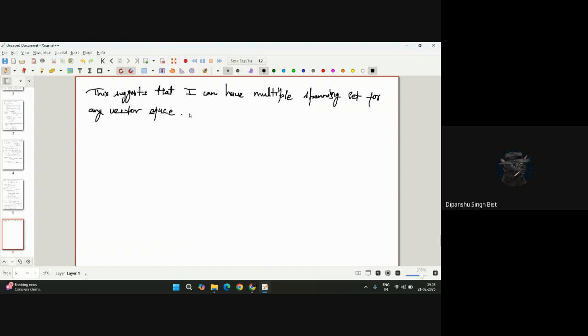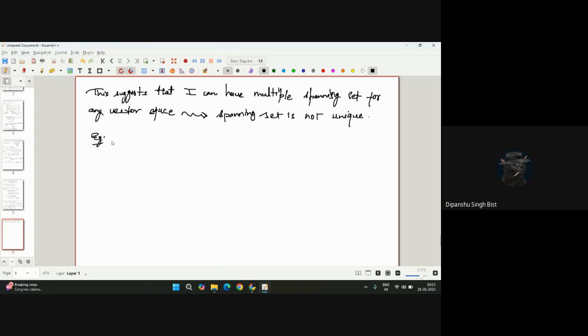And this also gives you one thing, that a spanning set is not unique, because you can add any number of linear combinations. That's why the spanning set is not unique.